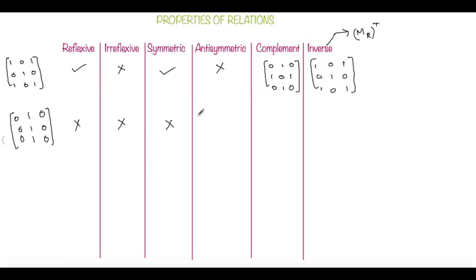Is it anti-symmetric? Yes, it is anti-symmetric, because if you take this element, what is the image of this? This is the image, because this is the diagonal line and this is the image. So if this is 1, this is 0, and this is 1 and this is 0. So this is anti-symmetric. And for complement, we just flip the ones and zeros. And for inverse, we take the transpose.